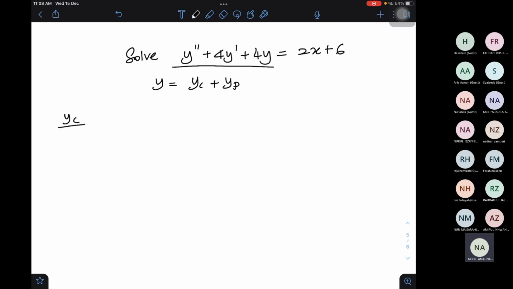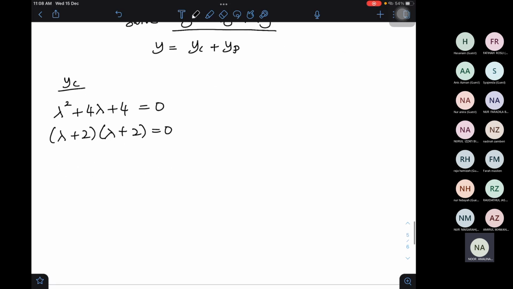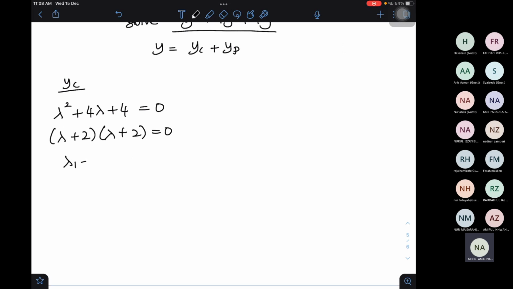Nak cari YC, tukarkan yang ini kepada awak punya characteristic equation. Lambda square plus 4 lambda plus 4 equal 0. Kita akan factorize. So kita akan dapat lambda plus 2, lambda plus 2. So ini you boleh factorize guna sahaja calculator. So you will get your lambda 1 equal to -2 and lambda 2 equal to -2 as well.